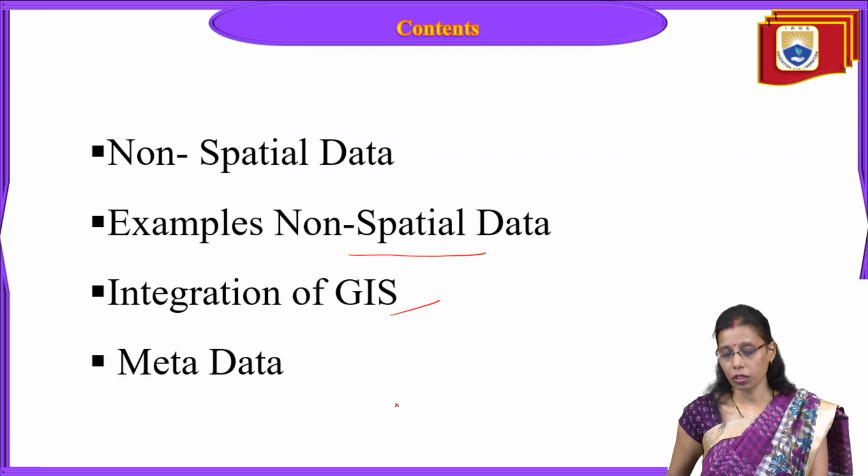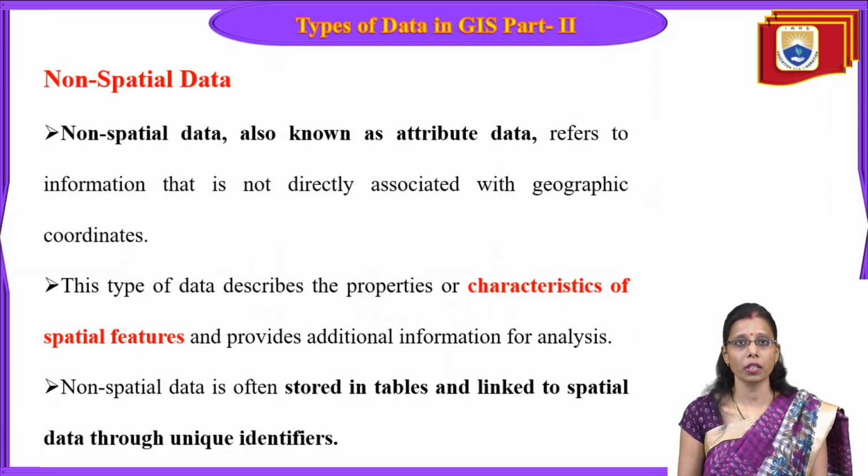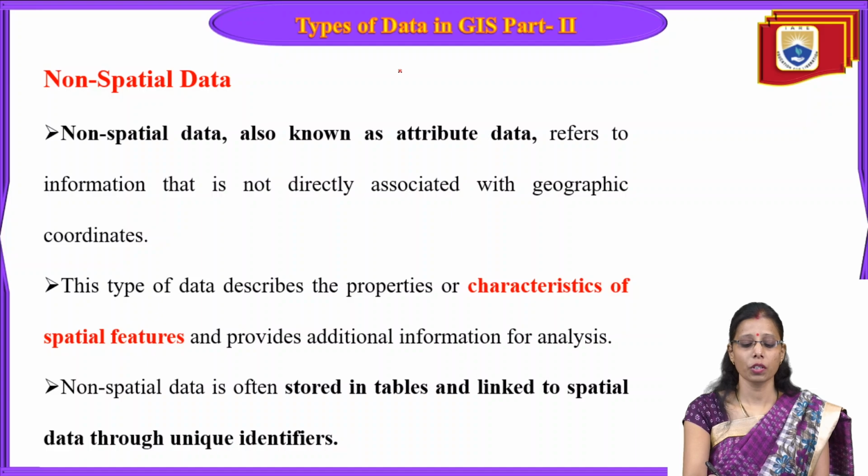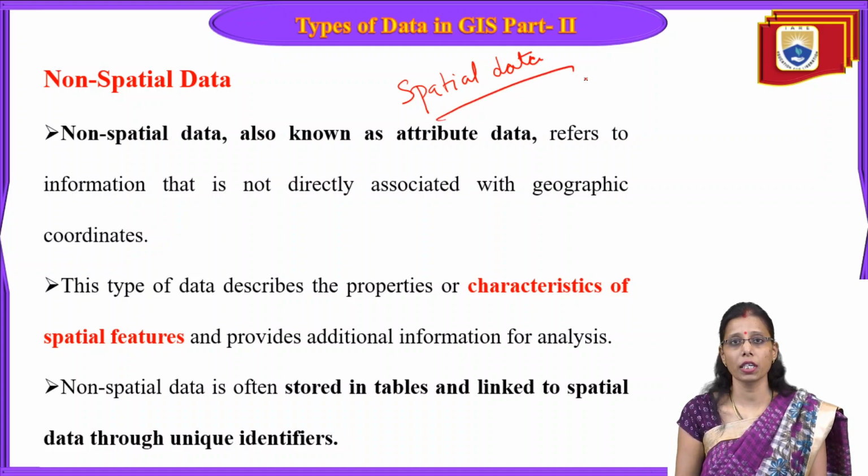Let us start with our first topic, non-spatial data. If you remember, yesterday in the previous lecture we discussed spatial data. What is spatial data? Spatial data shows all the geographical information of Earth surface features, whatever we see around us, in the form of geometry, in the form of shape.